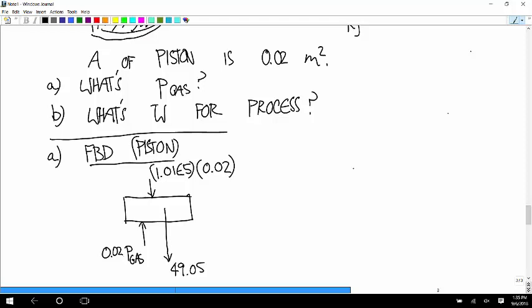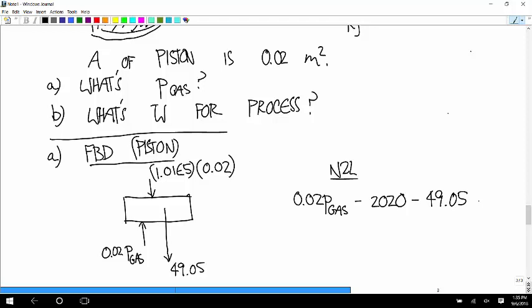Yep, Newton's second law, exactly. So Newton's second law says, I'm going to say positive is up, so 0.02 times the gas pressure minus 0.02 times, this comes out to be 2020 if you multiply 0.02 times 1.01 times 10 to the 5th, and then minus 49.05.